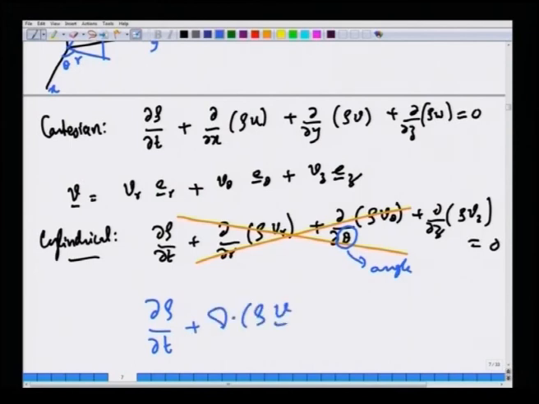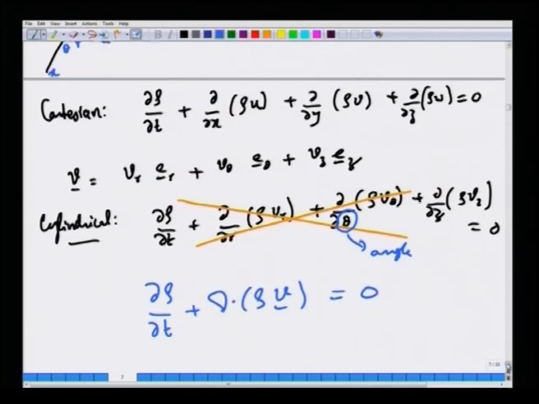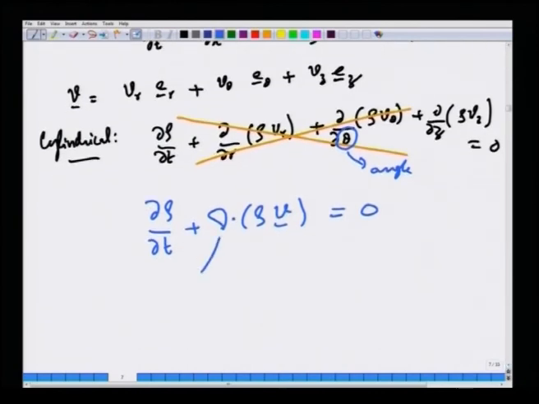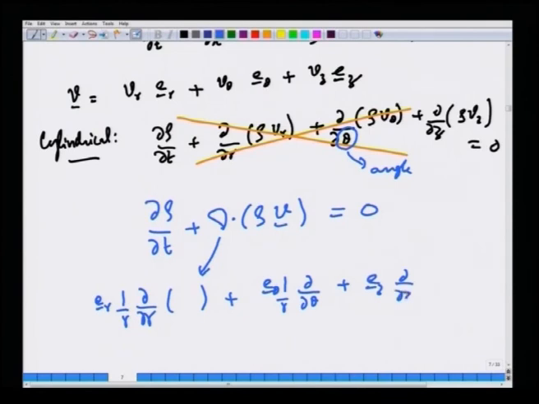it becomes divergence of rho v. Now, divergence in the cylindrical coordinate system is e_r d/dr plus e_theta 1 over r d/d theta plus e_z d/dz.